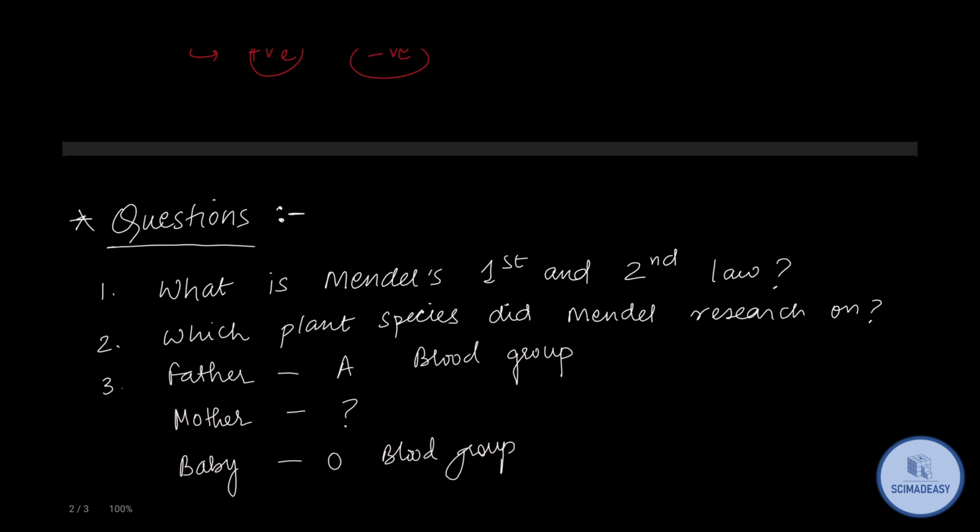The first law is the law of segregation, and the second law is the law of independent assortment. Moving on to the next question. Which plant species did Mendel research on? That's correct. Pea plants.